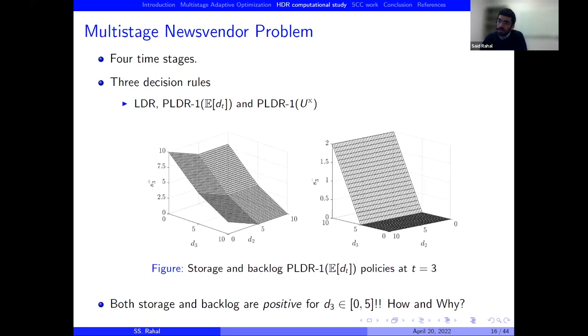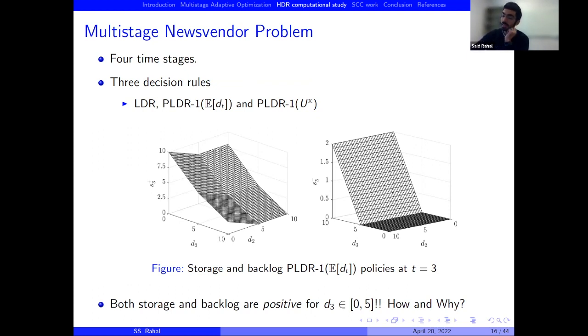What was interesting to see, and this motivates the need to use simulators to assess the decision rule approximation later on, is that the storage and the backlog, which are mutually exclusive state variables, are both positive when the demand in the third stage is between 0 and 5. This figure corresponds to the storage and backlog policies, PLDR1 at the expected value, at t equal to 3.